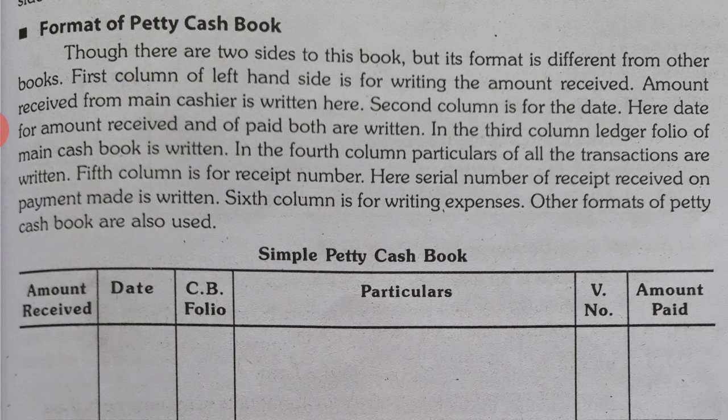At the end of the month, from the total received amount, all total paid amount is subtracted and balance is written down at the end of the month. Then for the next month, whatever amount is left is left with assistant cashier. Deducting them, again the balance amount is handed over to the petty cashier, and it goes on.